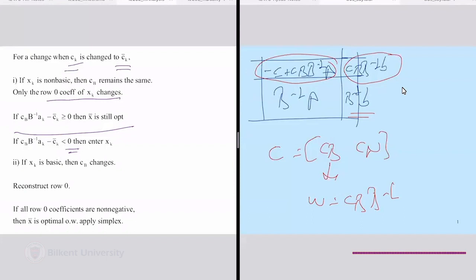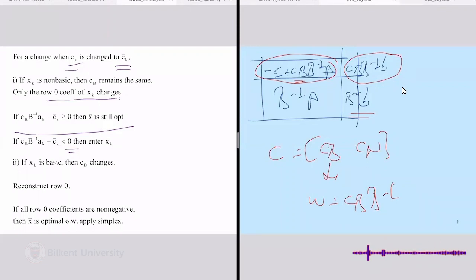Okay? On the other hand, if XK is a basic variable, then our CB is changing. Now, when CB is changing, we have to reconstruct all row 0. Fine, still one row, right? You reconstruct the row 0 and you see if it is still dual feasible or not, meaning if everybody is non-negative or not.